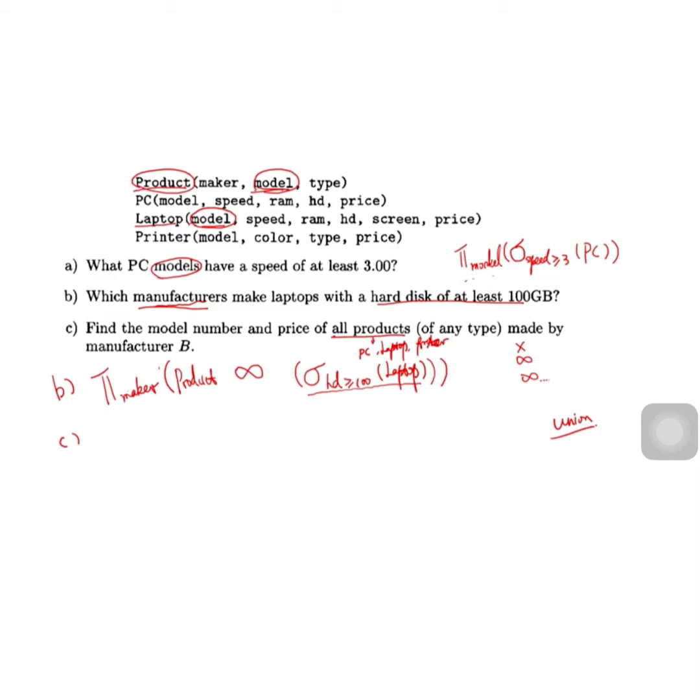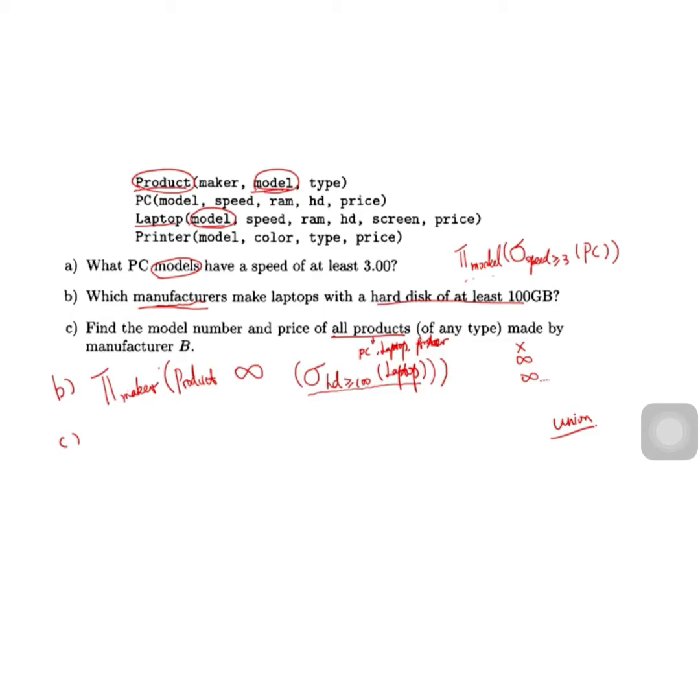If we change the query to find the model number and price of PCs made by B, it's easy. And if we change the query to find the model number and price of laptops made by B, it's also very easy.